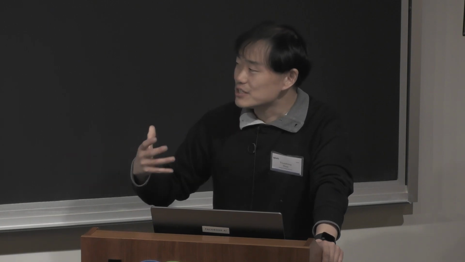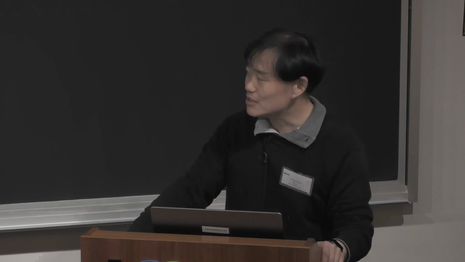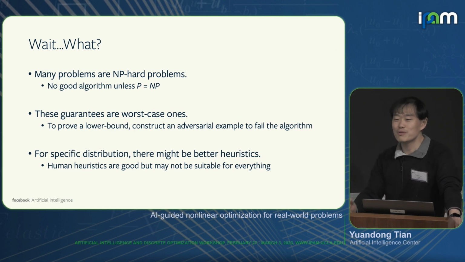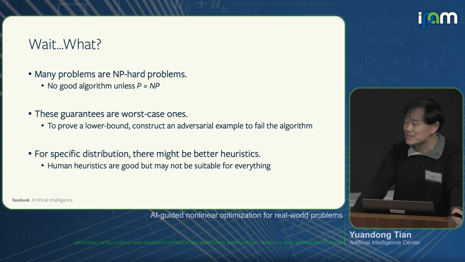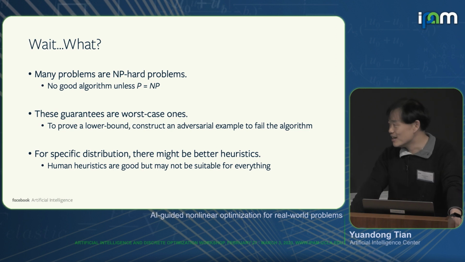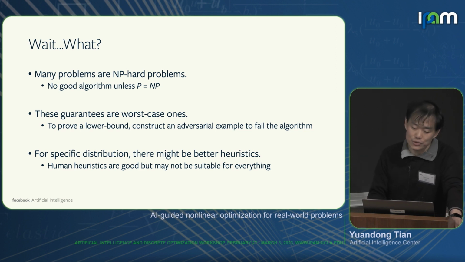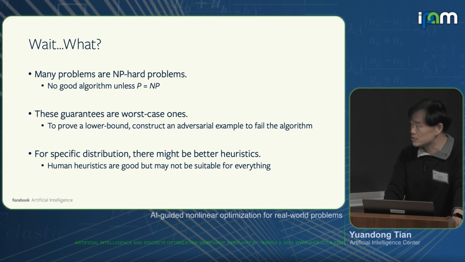But this kind of proof gives you insights: maybe for a specific distribution of optimization problems, there might be better heuristics, right? That's probably the reason why, in practice, humans who play with optimization problems can always find an interesting heuristic that works very well for specific distributions. So that's the intuition why we want to leverage machine learning for solving this problem.